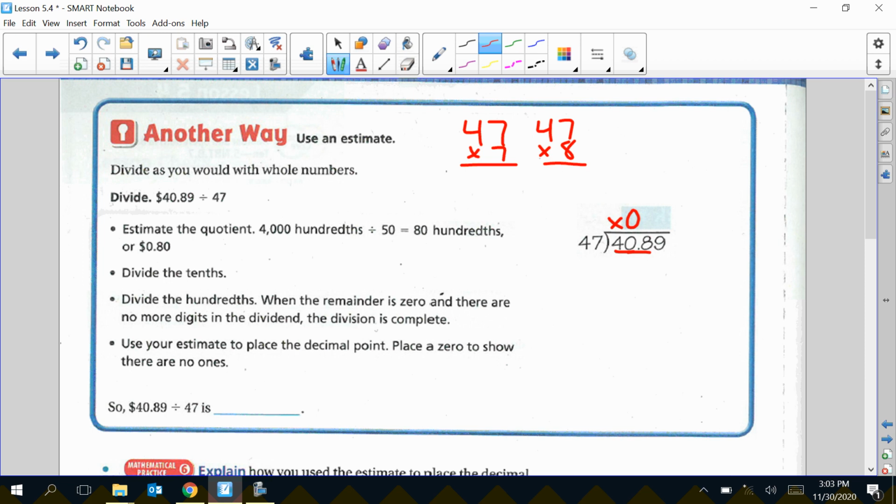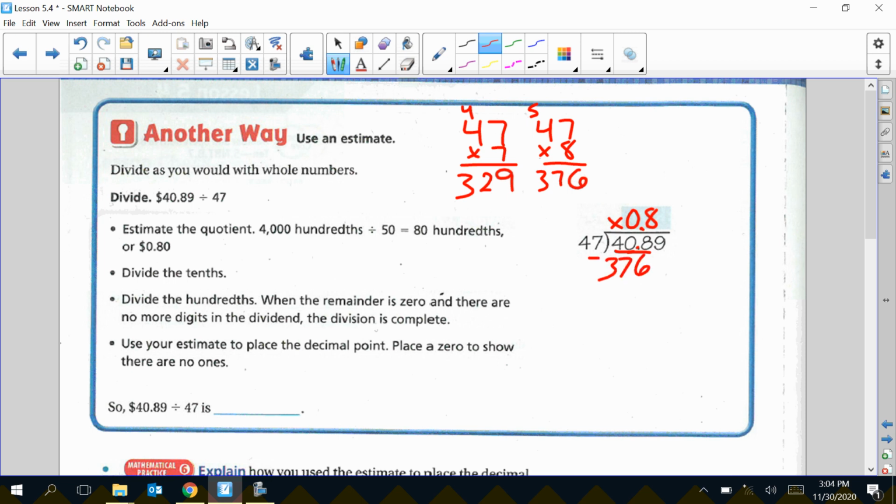If we try 7, 47 times 7 is going to give us 329, which we know we can get closer to than that. 47 times 8 is going to give us 376, which is as close to 408 as we can get. So we're going to use 8. Remember, the decimal point right here is going to come straight up into our quotient. And then we're going to go ahead and continue.